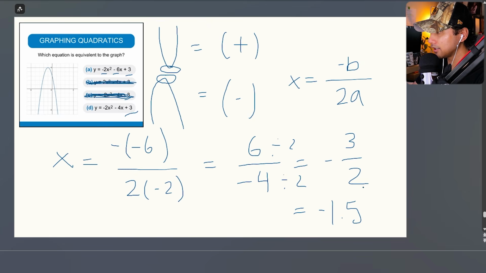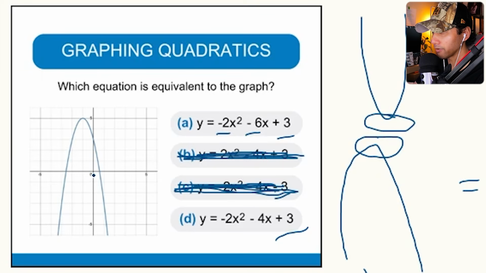And if you just look at this graph, negative 1.5 would be like right here. It looks like negative 1, and it doesn't cross here, or it doesn't go here. So from looking at A, you're like, I don't know. I don't think so. We could put the negative 1.5, the x, in to find y.